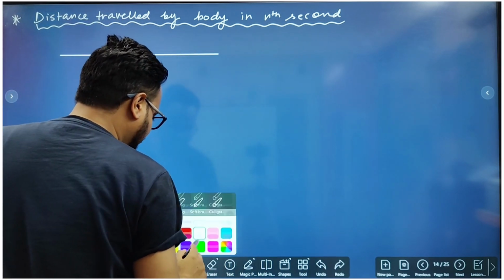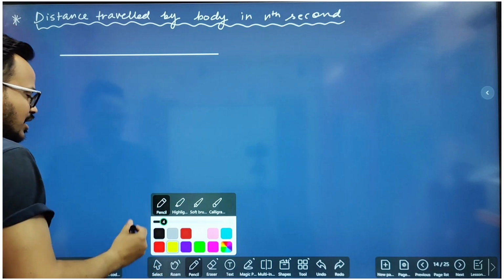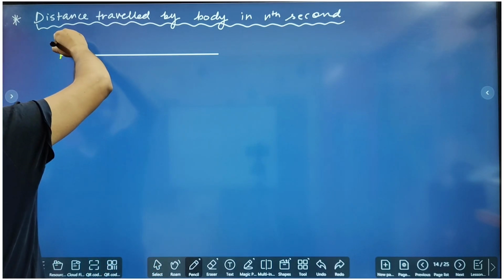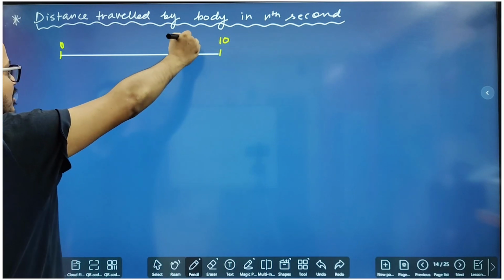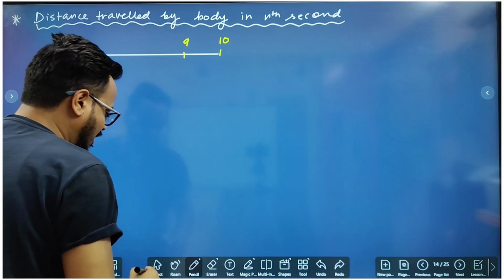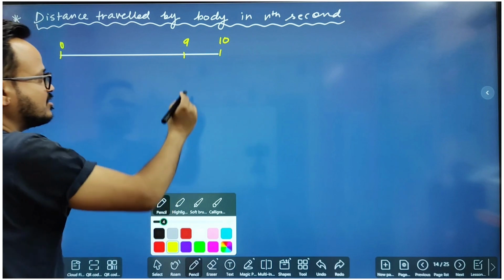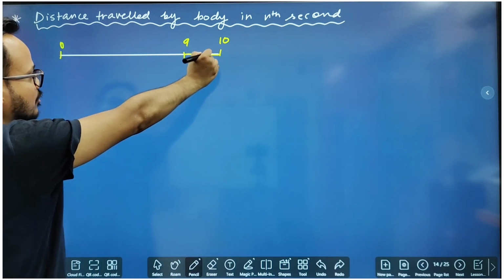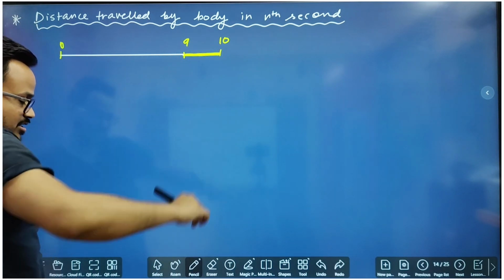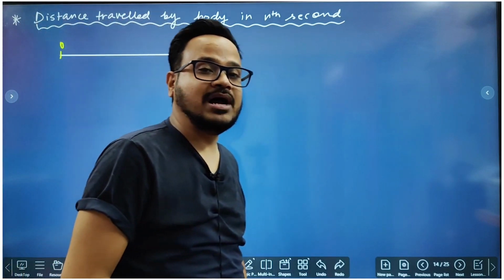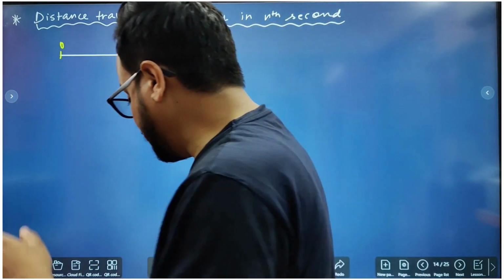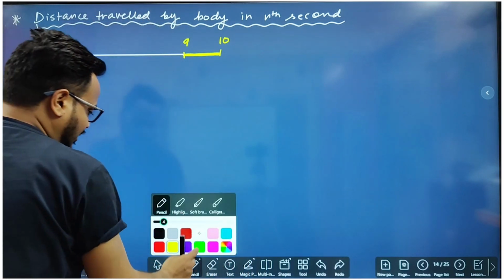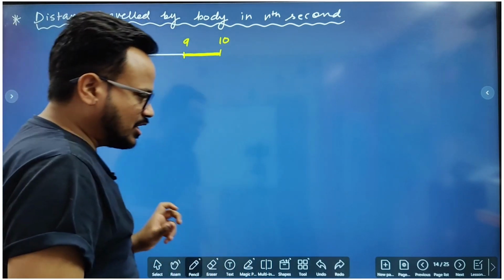For example, let us say that this is a timeline, and this is the time 0, and this is time t equal to 10, and this is the time t equal to 9. If we want to find this distance which is traveled by the body from 9 to 10 seconds, that is, the distance traveled by a body in a particular second, to find this distance we can use a long method, that is, using equation 2.